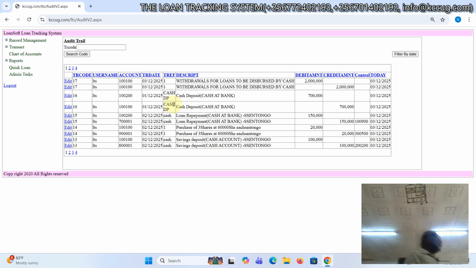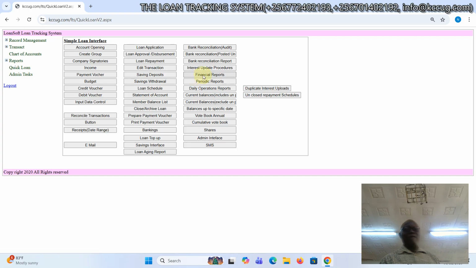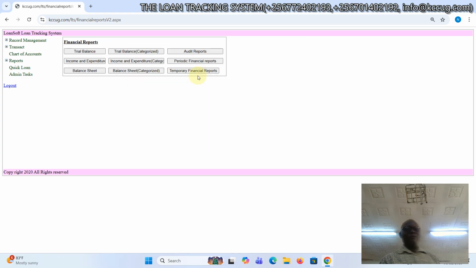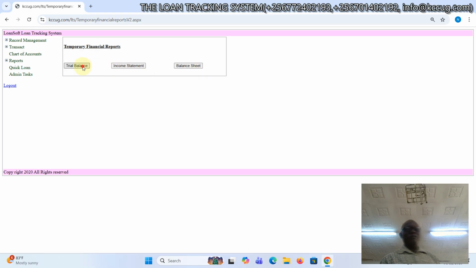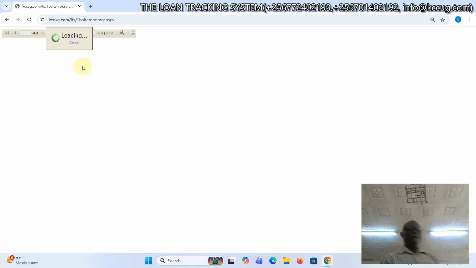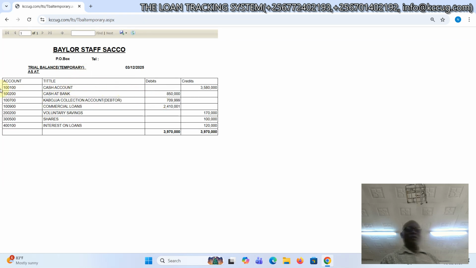If we want to see that money actually on cash, such that when we disburse, we don't disburse against nothing, you can just click on Quick Loan Reports, click on Financial Reports, click on Trial Balance, and look at the figure on your cash account. As we talk now, it is 850,000.